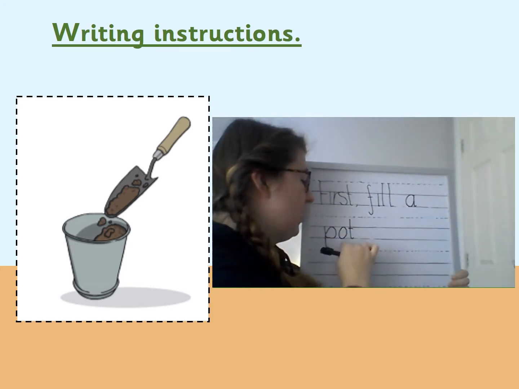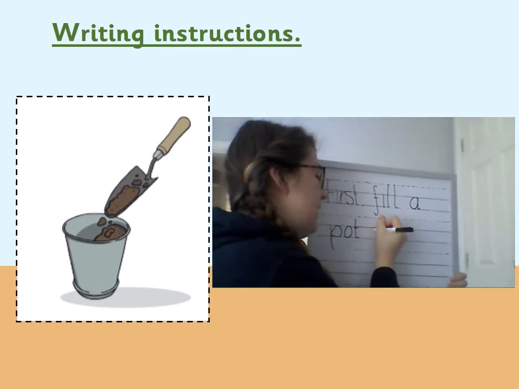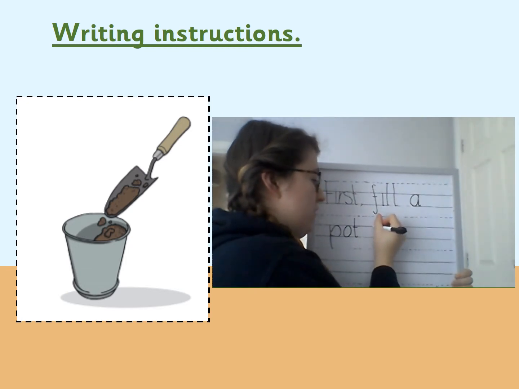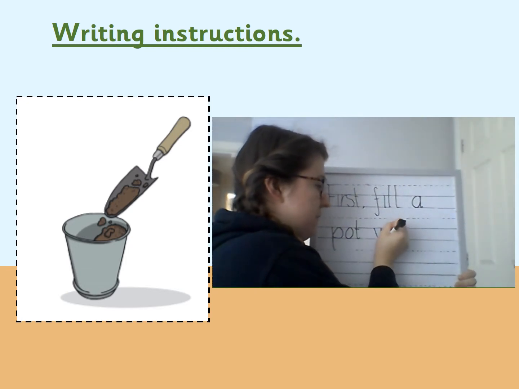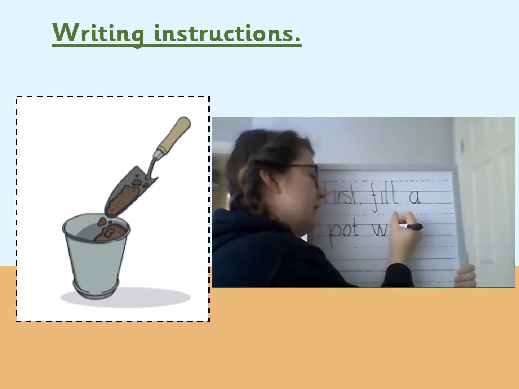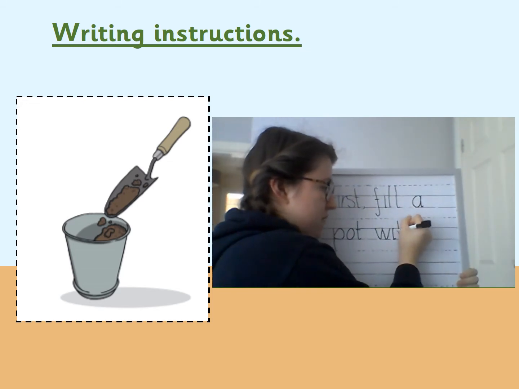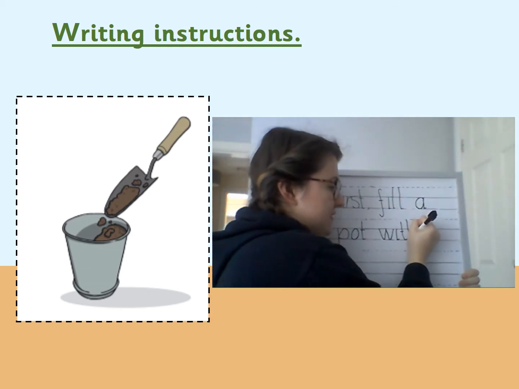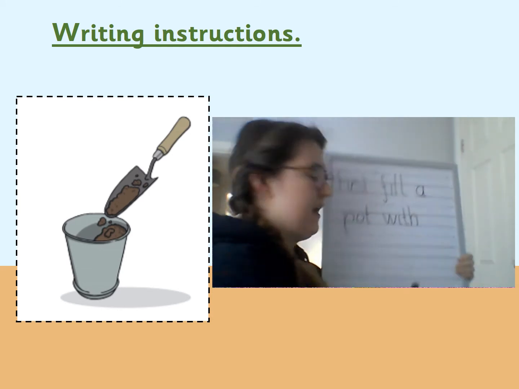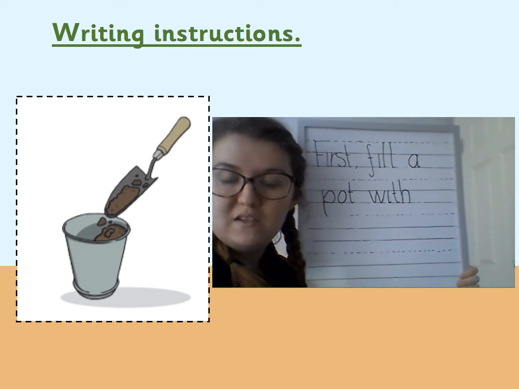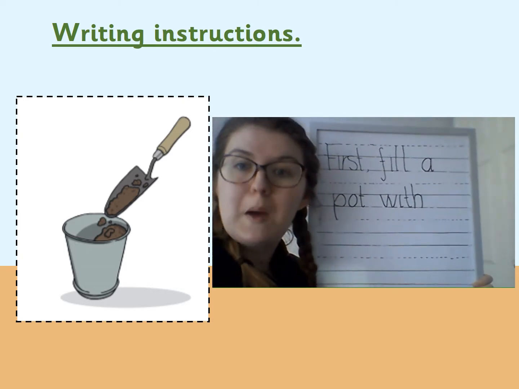First, fill our pot with, tricky word, with. Up, down, w, i. With. Down the horse's neck and over his back, with mud. Mud.